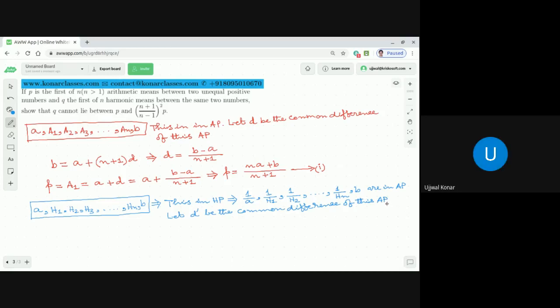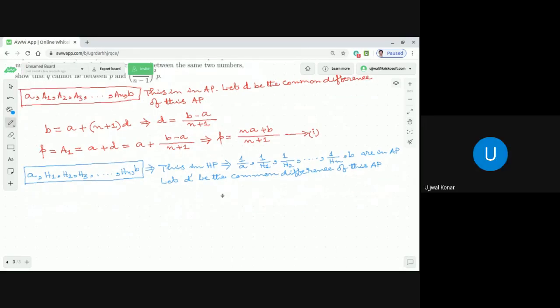As D dash is the common difference of this AP, what are we going to get? 1 by B is nothing but the n plus 2th term of this arithmetic progression. 1 by A, 1 by H1, 1 by H2, like this. So that should be 1 by A plus n plus 2 minus 1, that is n plus 1, into D dash. Correct?